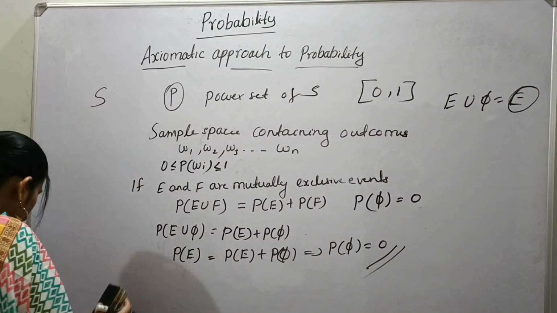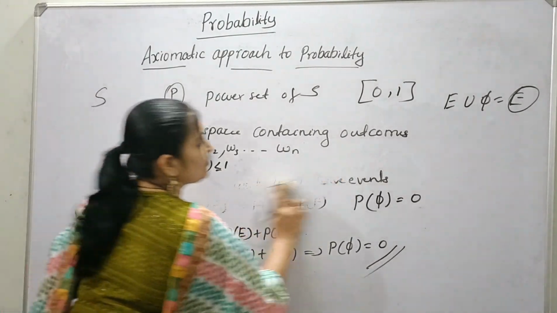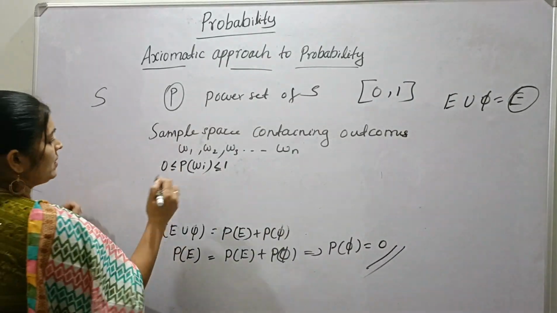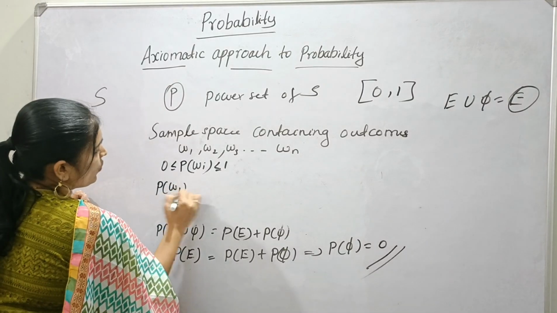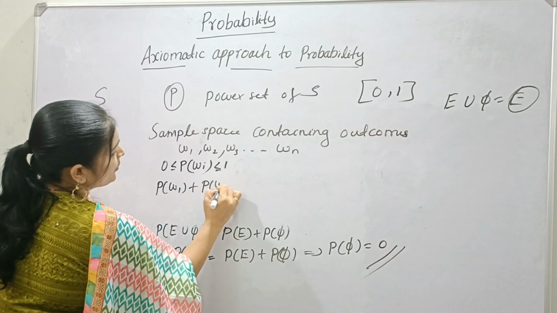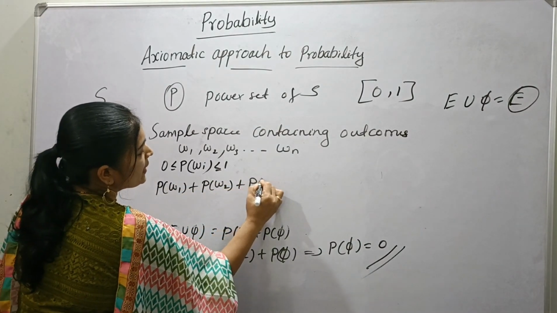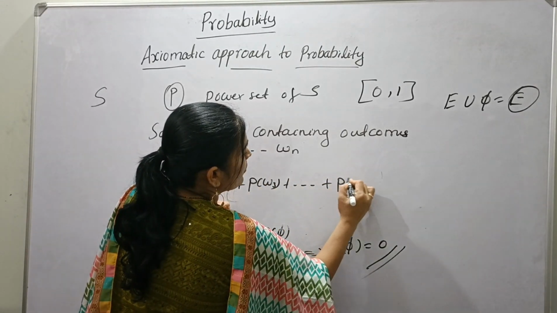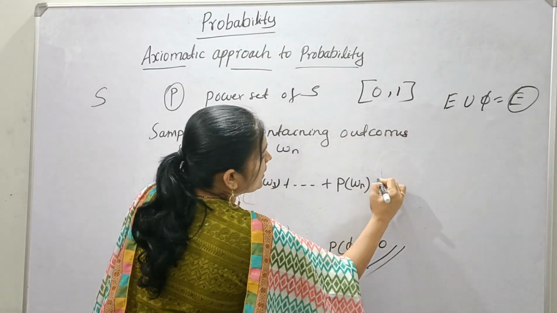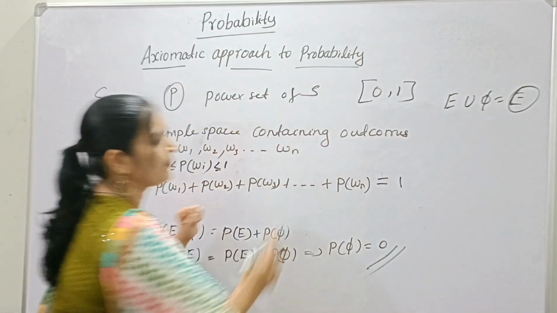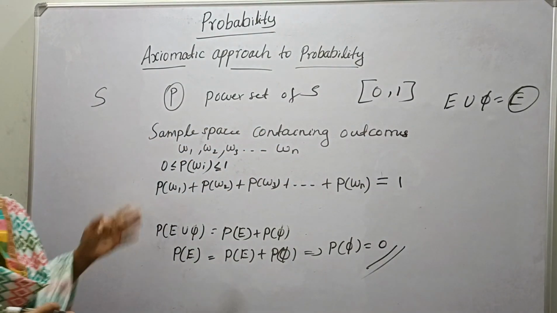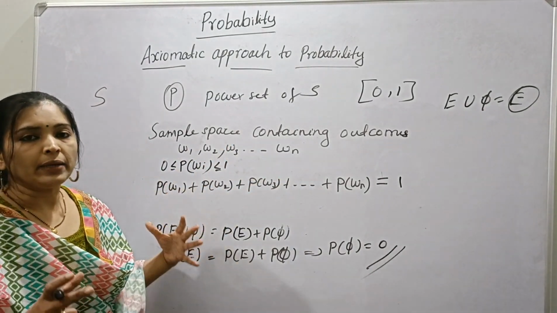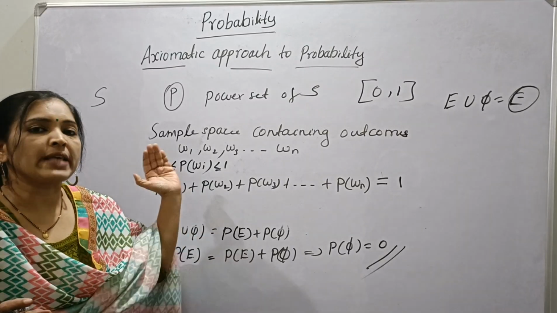And next is probability of omega 1 plus probability of omega 2 plus probability of omega 3 plus etc. plus probability of omega n, which is equal to 1. These omega 1, omega 2, omega 3, etc., omega n are the outcomes of the sample space.